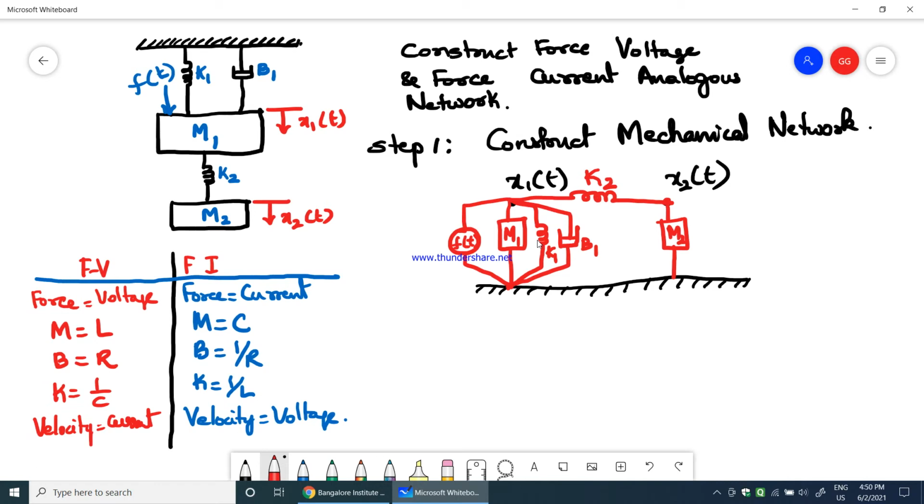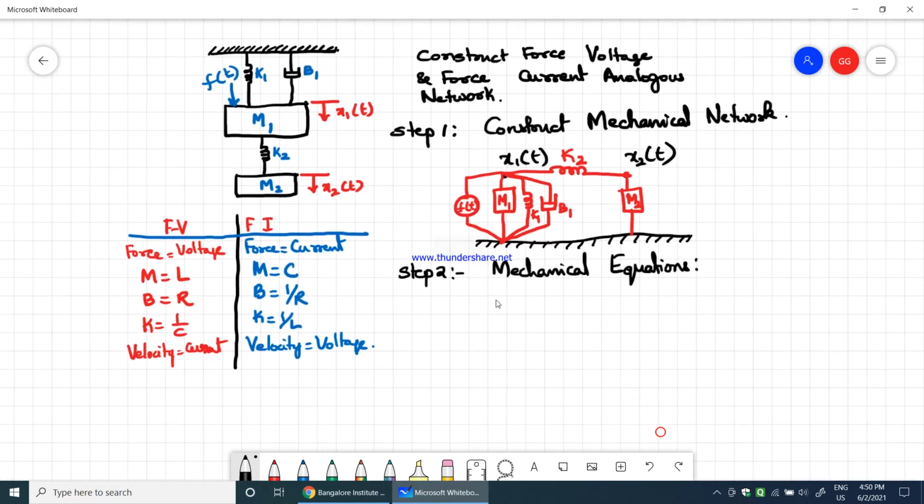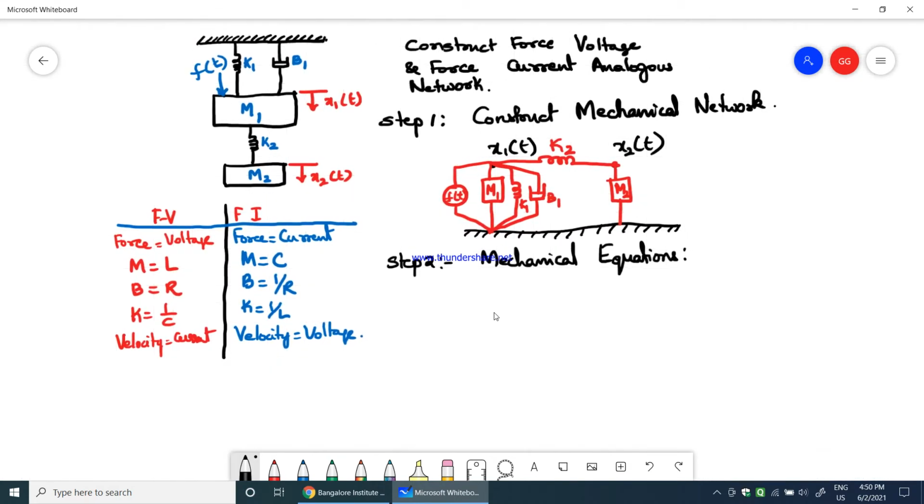Now step 2 is to write the mechanical equations. Let me write the mechanical equation for node x1 of t.